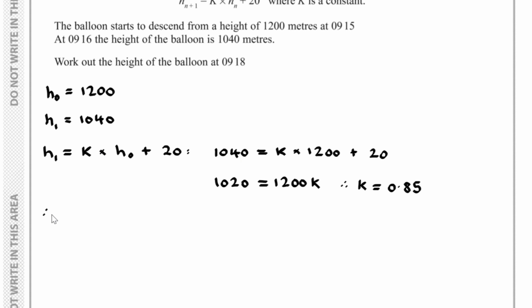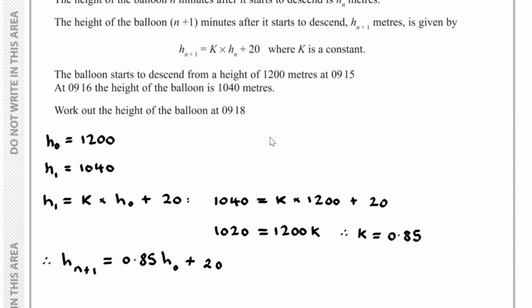And so therefore we've got hn plus 1 equals 0.85 hn plus 20. And what we need to do over here is find out the height at 9:17 and then 9:18.